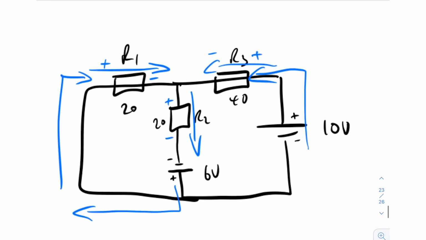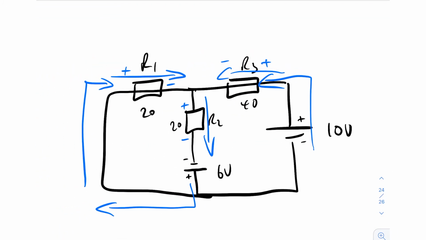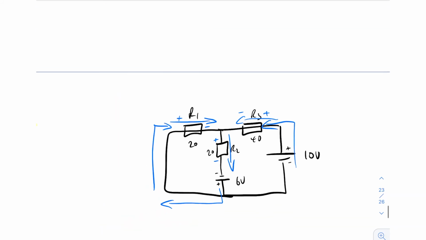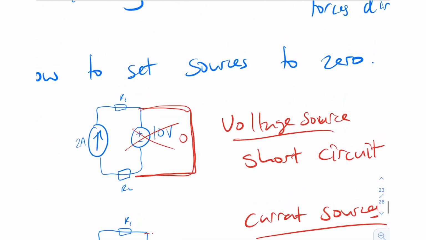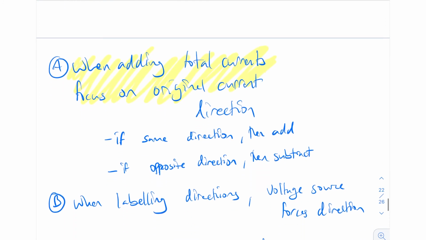You see these blue arrows? We set the original direction that we're saying that the currents are going. So when we're adding them together, we need to stick to that. Very, very important. So if they're the same direction as what we set, then we add them together. If they're the opposite direction, then we subtract. Very, very important point. I actually made a mistake on this on my exam as well.